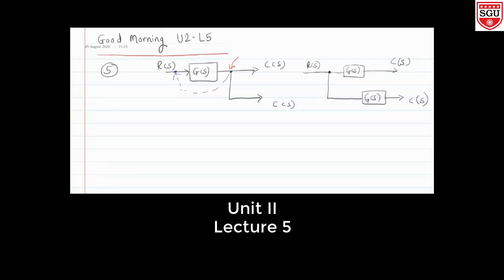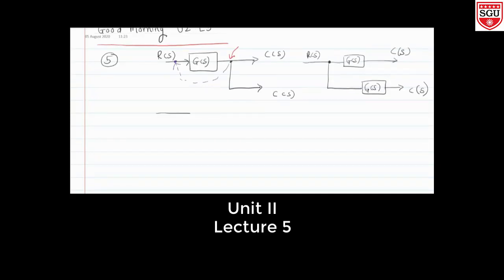Then next, in the same rule, we have to consider another case. Suppose the system is like this: R of S is the input and here G of S as a function block, then we have output C of S, and here is one takeoff point which has one H of S as an additional block.